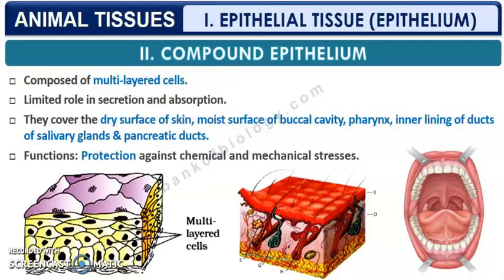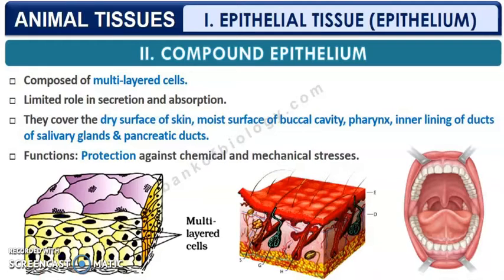The ducts are the part through which secretions are poured into a particular organ. Also the pancreatic ducts, right? Substances from the pancreas reach a particular organ through the pancreatic ducts. So these are the places where we find the compound epithelium.